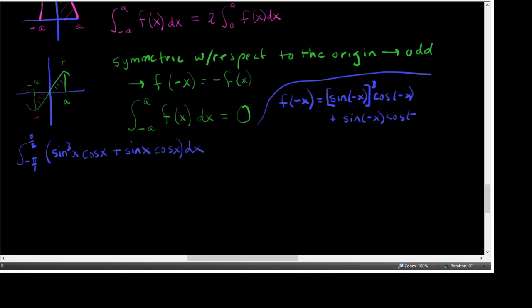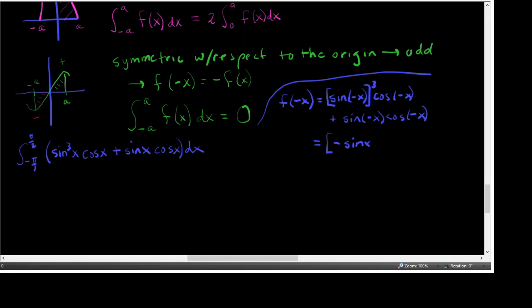Now, if you think back to your pre-calculus experience, there were these things called the even-odd identities for your trig functions, and you should know those. There are only 2 that are even: cosine and its reciprocal secant. The other 4 are all odd. So what that means is that the sine of the opposite of x is the opposite of sine of x.